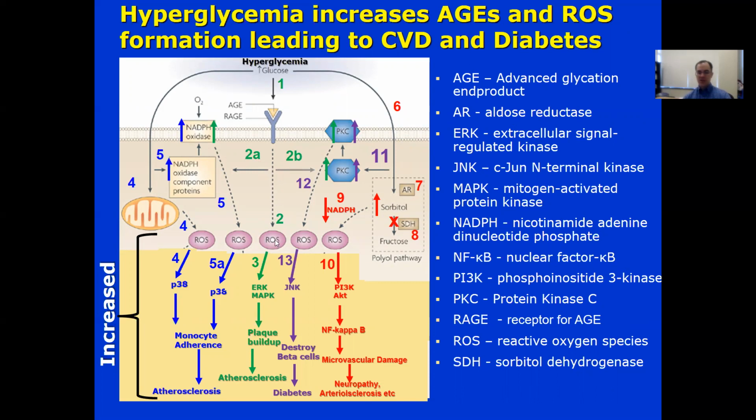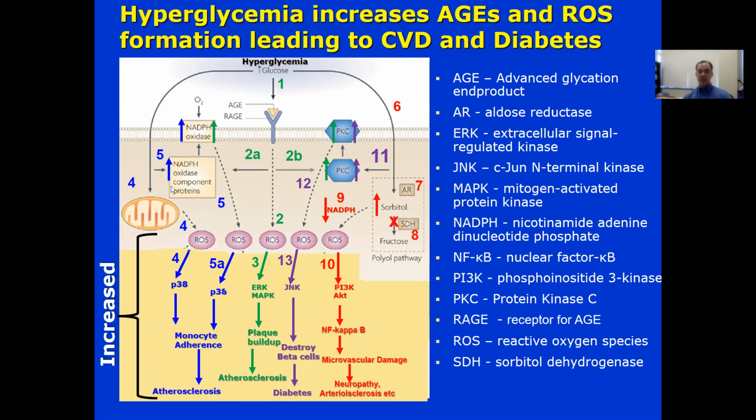But this reactive oxygen species in the coronary artery intima is going to increase some proteins, ERK and MAPK, abbreviated here, and this is going to now cause an increase in plaque buildup in the coronary artery. And then finally, that's going to lead to atherosclerosis. So the thing to get from here is how hyperglycemia, sugar, basically leads to the buildup of atherosclerosis plaque, fat. It's the linkage between the two.